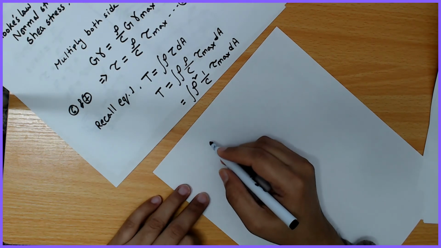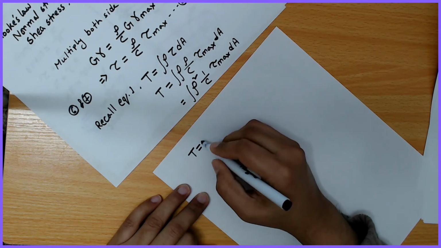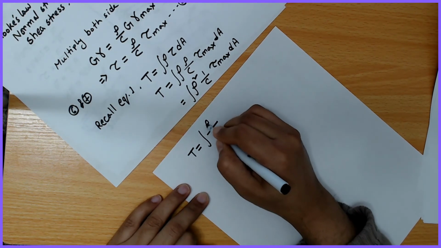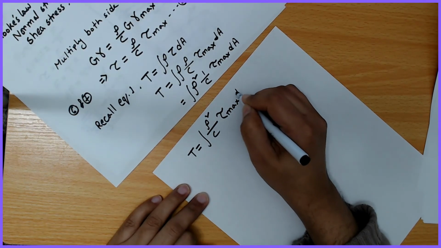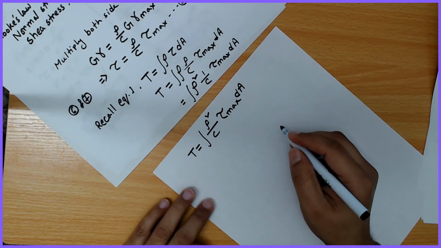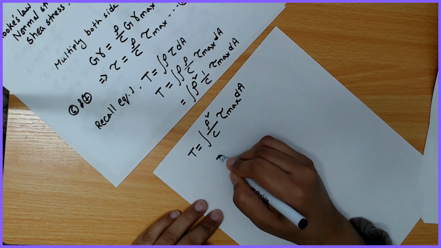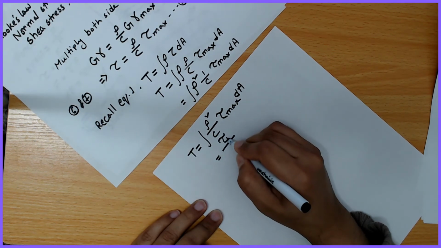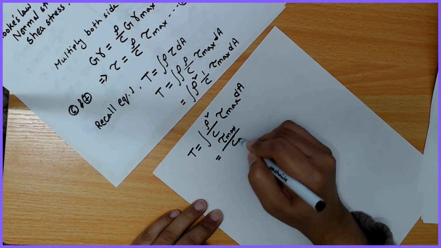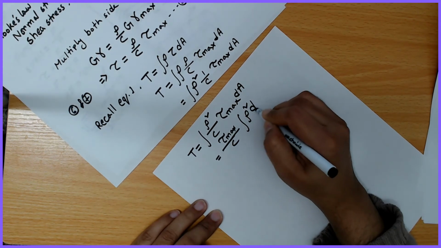Now I want to rearrange this equation. T equals integral of rho square by C tau max dA. And because tau max by C is constant, we can bring tau max divided by C outside the integral of rho square dA.